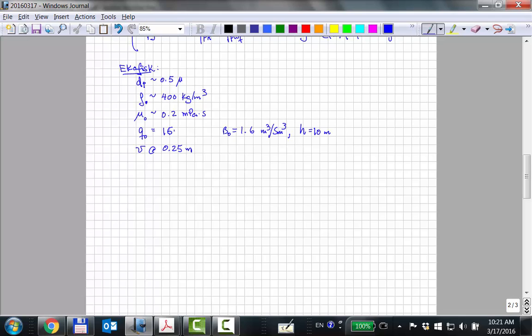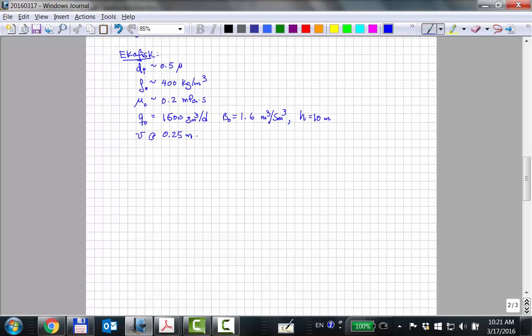Yeah, 1,600 standard cubic meters per day. I just hope we get a Reynolds number greater than 1. I haven't done this ahead of time.